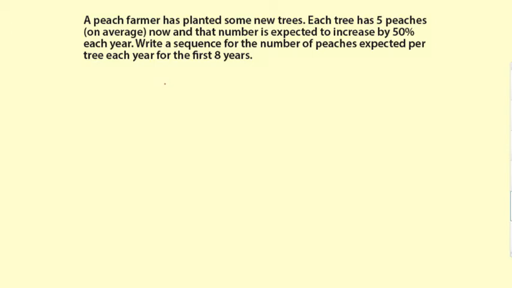Okay, so there are a couple of different ways to model this. The first way we already did by writing an explicit rule. So it was A of n equals 5 times the growth factor, 1.50, then to the n power, where n is the number of years.